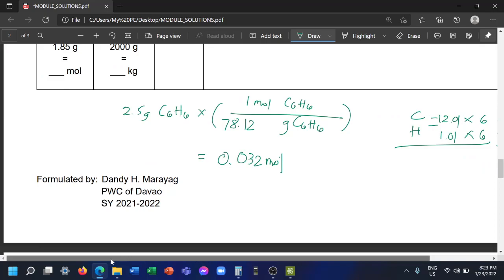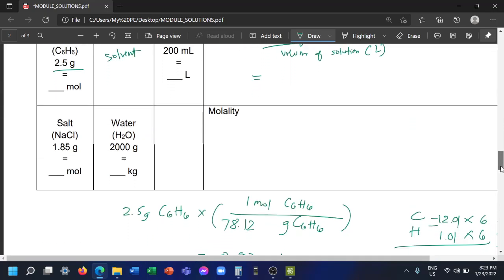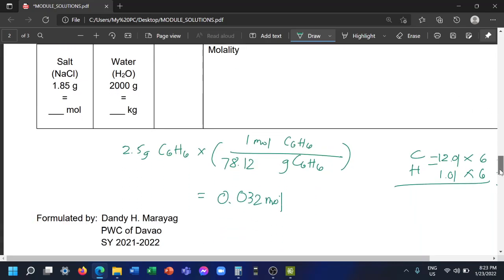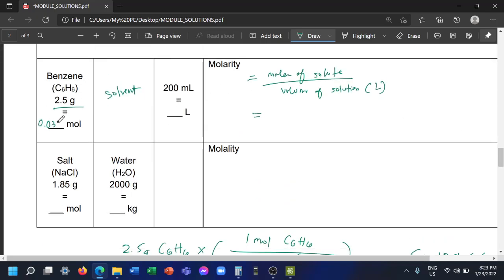So we have identified the equivalent number of moles of 2.5 grams of benzene. Again, that's 0.032. So we have found the moles of the solute.